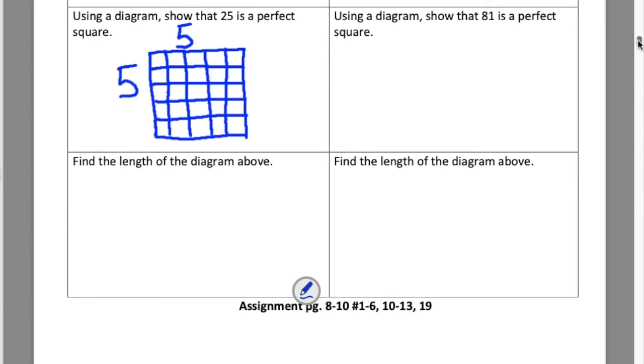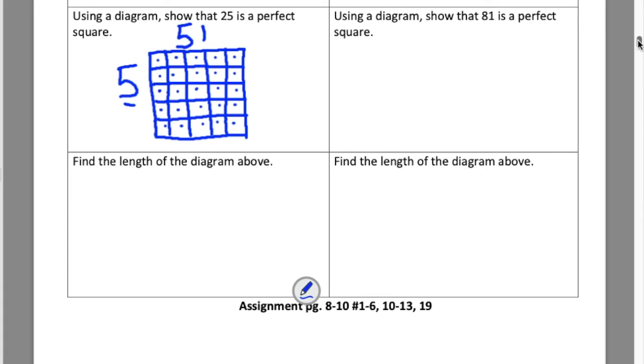After I've done this, we now have a diagram that has a length of 5 and a width of 5. And then if we count all of these individual squares inside, we would find out that there's a total of exactly 25 squares inside of this square. So 25 is a perfect square.